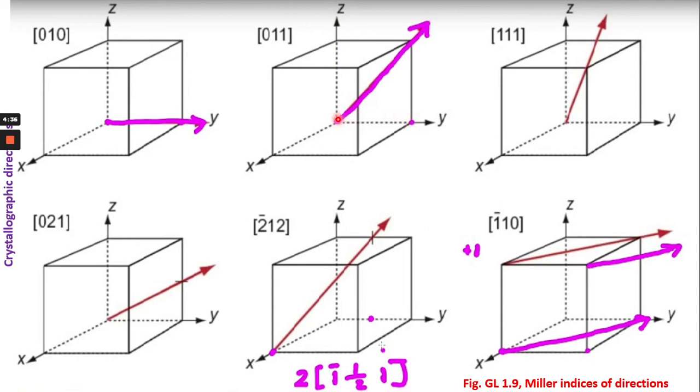That's why your direction will look like this, starting from origin into the end point. Similarly 1, 1, 1. You move x 1, y 1 which is parallel, z 1 which is parallel to this one.